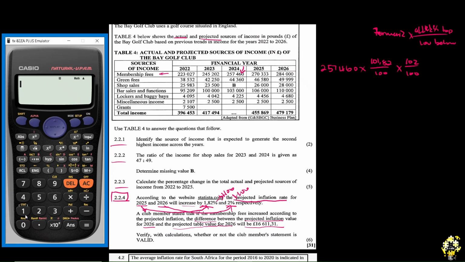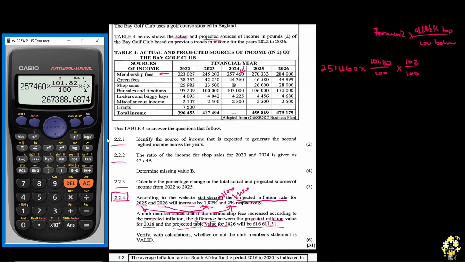Put that in the calculator to see what you get. So we say we have 257,460 multiplied by 101.82 as a fraction over 100. You also multiply for 2026, 102 over 100.